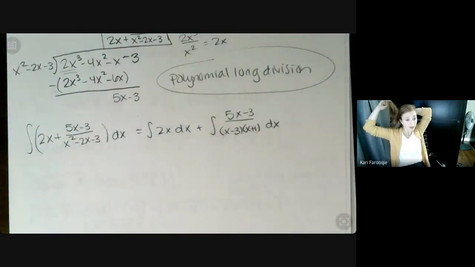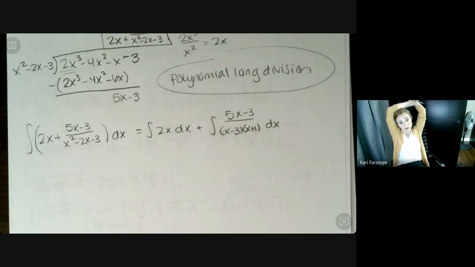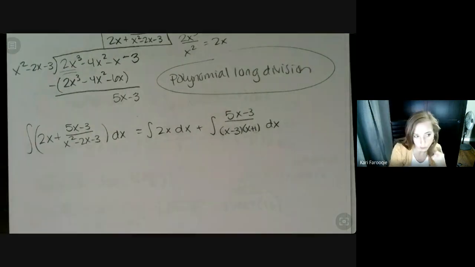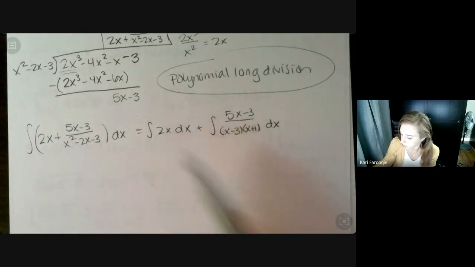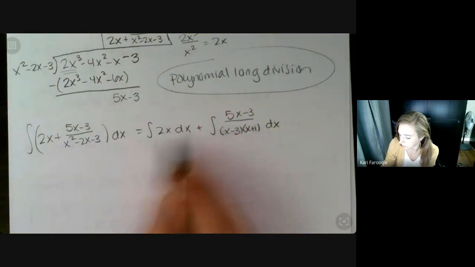Now, like I said, as long as you can factor it, it's going to be a partial fractions problem in your denominator. If you can't factor it, then you're going to try to complete the square and try to fit it into either an inverse trig form or a trig substitution. If it's factorable, partial fractions. So what we're going to do is we're going to go back to this integral in a minute.